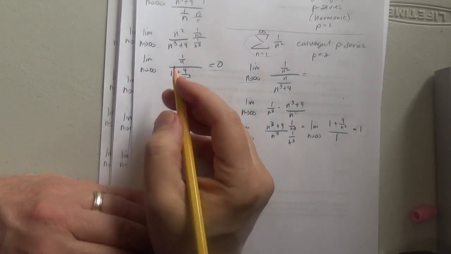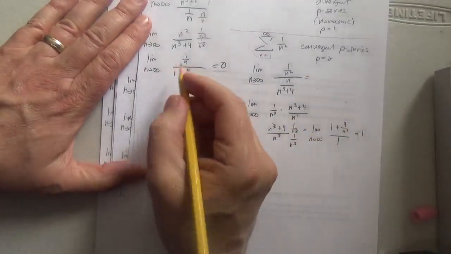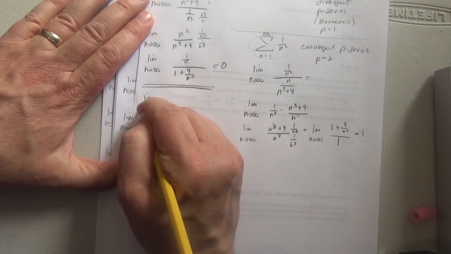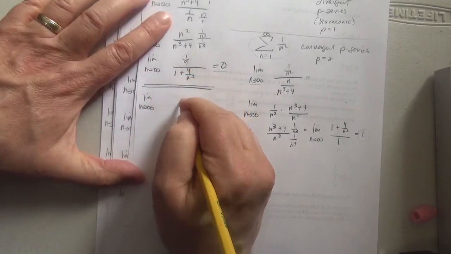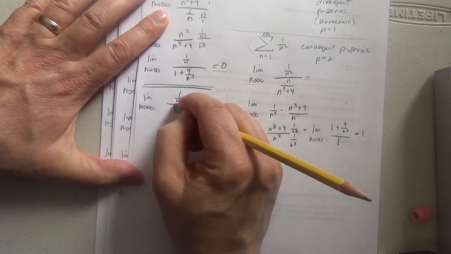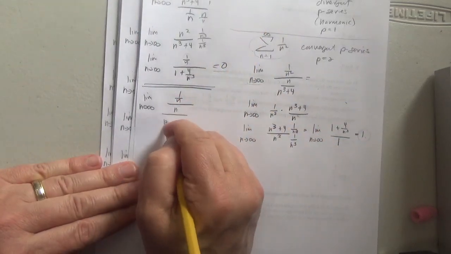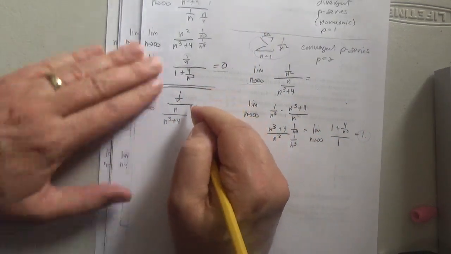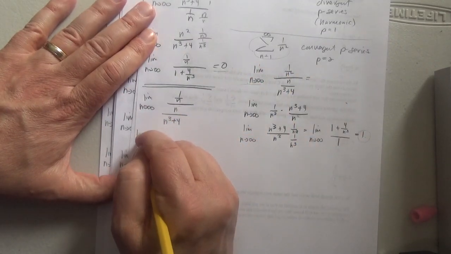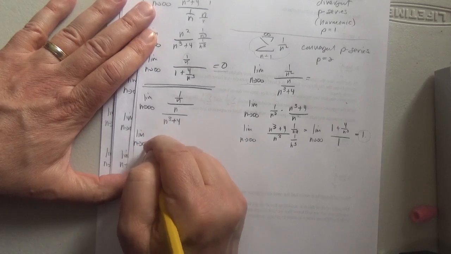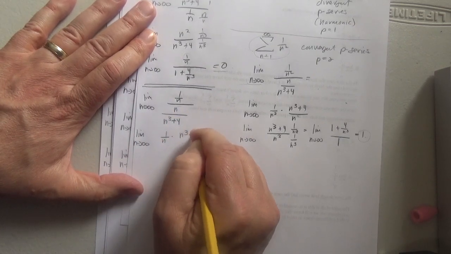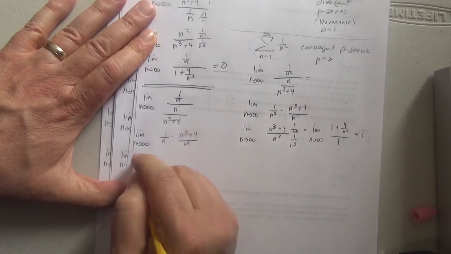Let's do one more piece to this thing here. Let's try changing the order here. So let's do the limit as n approaches infinity of 1 over n over n cubed plus 4. What's going to happen here is I'm probably going to get infinity. Let's see why. n approaches infinity of 1 over n times n cubed plus 4 over n.